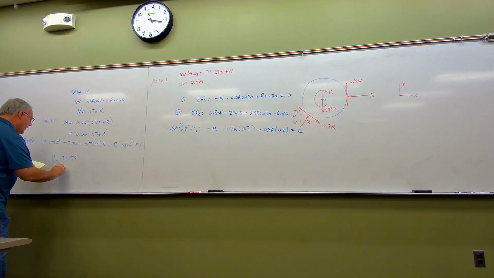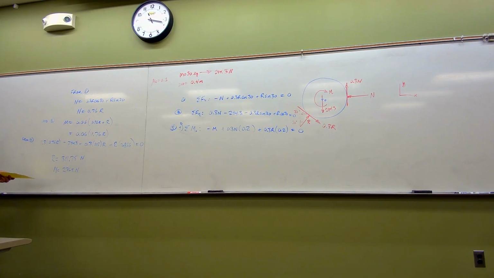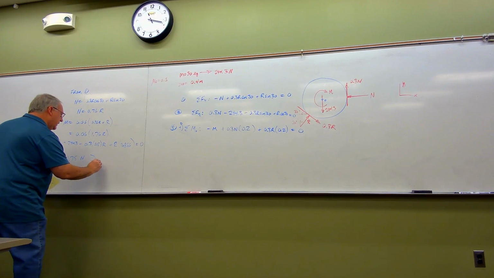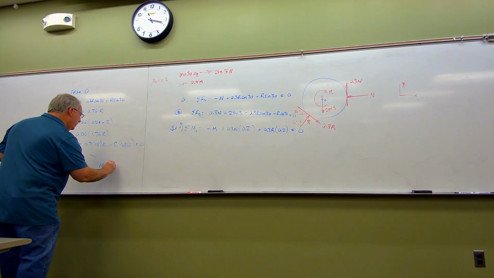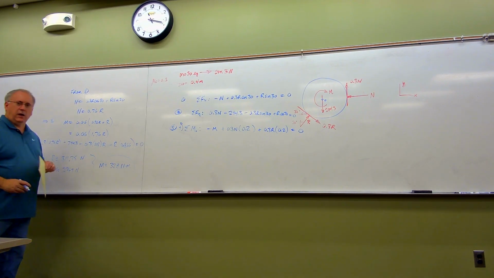That ends up being 236.9 newtons. And since I already had r, I could solve for the moment here. All this combined gives me the moment that I was looking for of being 32.9 Newton meters, and the problem is solved.